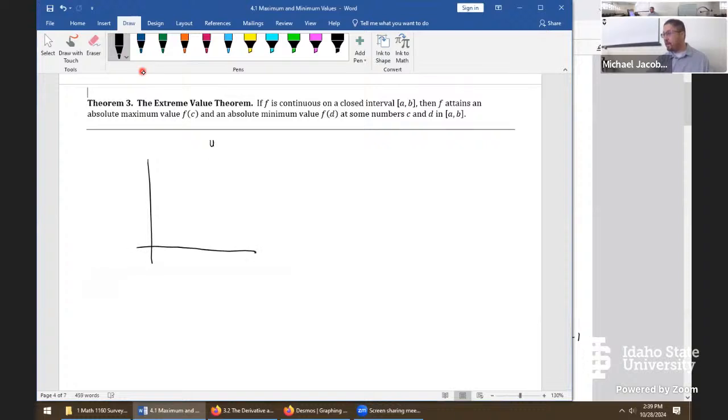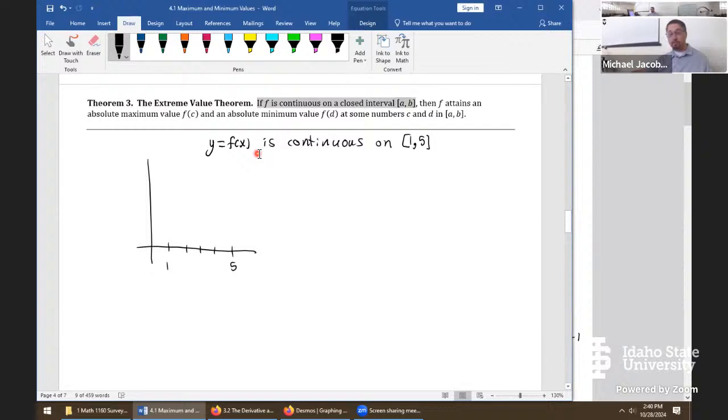Let's say we have a function, y equals f of x, and it is continuous. Let's give it some definite numbers. Let's say we go from 1 to 5. Let's attempt to graph this function. So we gave it these two conditions: continuity on a closed interval from 1 to 5.